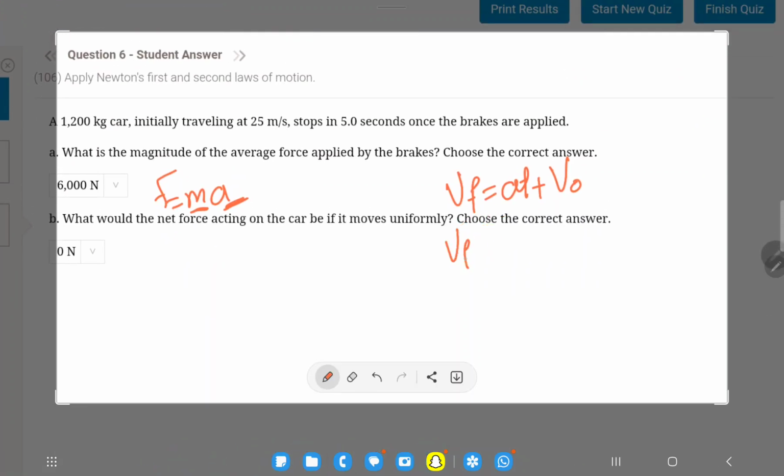For VF, we want to find that. It stops, becomes 0. A is A, we need to find that, times 5 seconds plus V initial is 25.